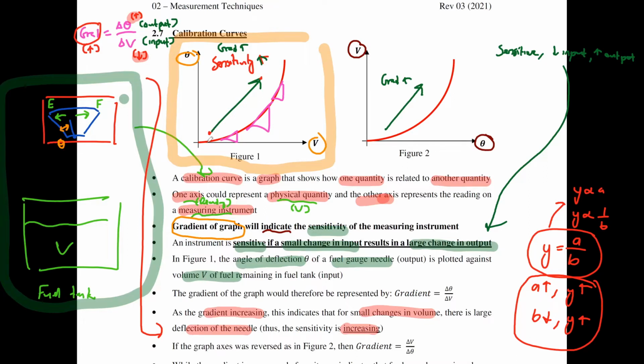You see here, the graph shape is the same as before. Both also have increasing gradient. But just because the gradient is increasing, it doesn't mean that my sensitivity is increasing like this one here. It could go the other way around. If you look at how the gradient here is defined, the gradient here is actually delta V over delta theta.